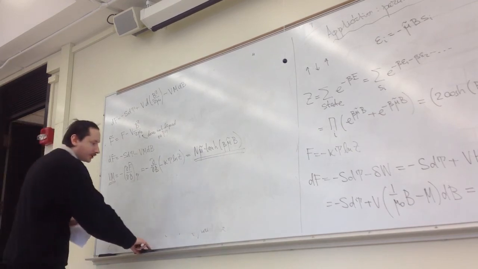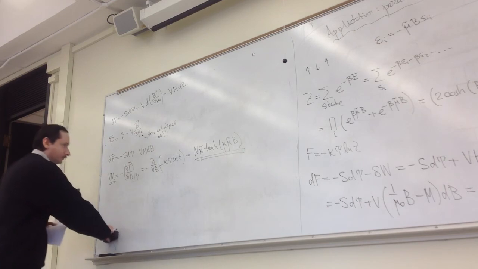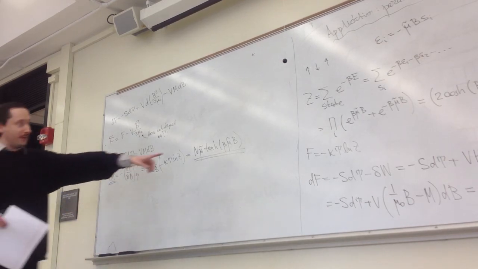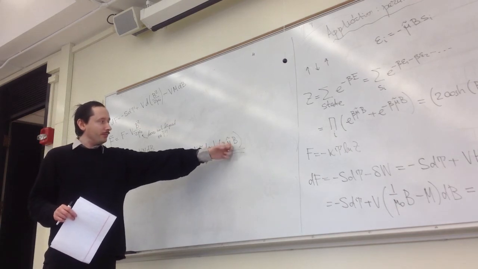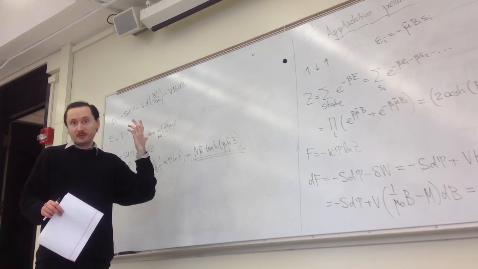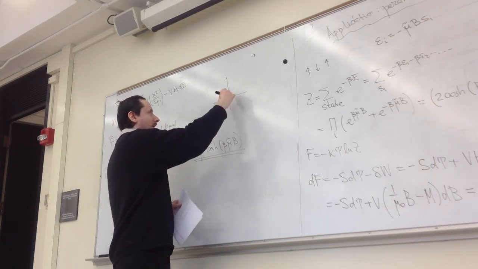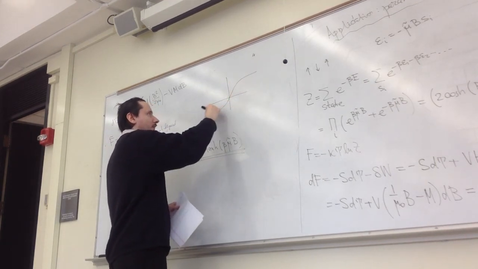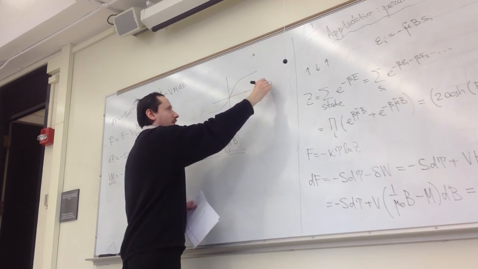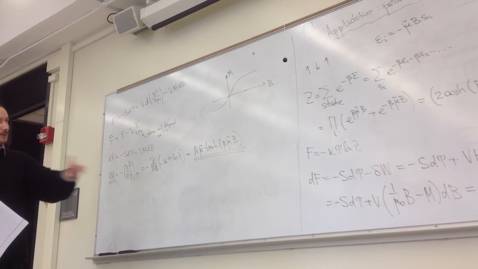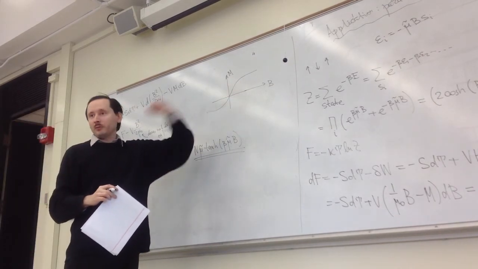So we found magnetization, and this magnetization makes physical sense. If my B is equal to 0, then magnetization is absent. And as my B increases, the magnetization behaves like this. This is the B field, this is magnetization. And there is no hysteresis, because the moment I know the B field, I know the magnetization.